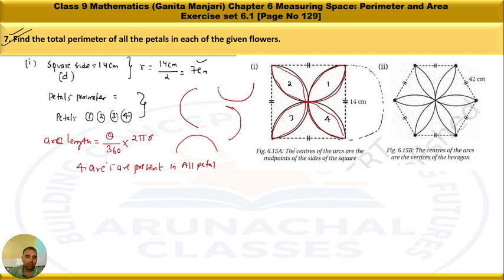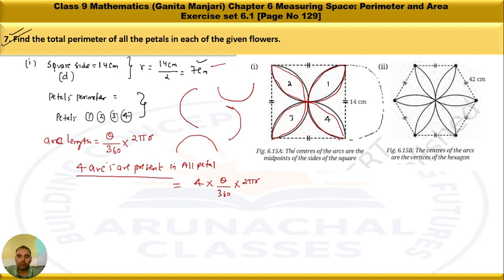If I find out the length of 4 arcs, I can get the total perimeter of all the petals. So 4 multiply with theta upon 360 multiply with 2 pi r. Here for all these arcs, the radius of the circle is the same, 7 centimeter.